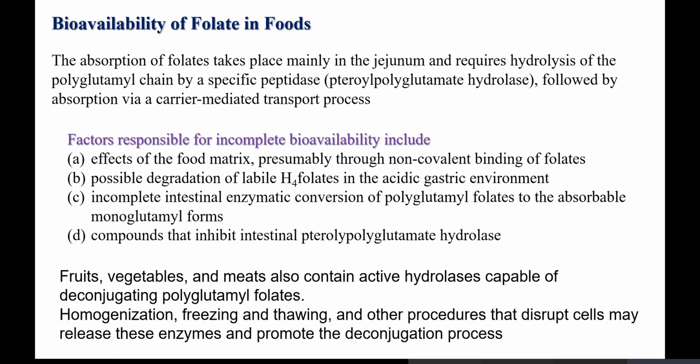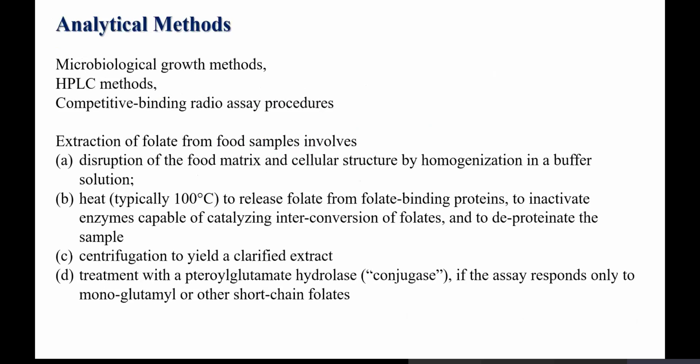Along with the vitamin, there are also enzymes that are capable of deconjugating these polyglutamyl folates. Processing methods such as homogenization, freezing, thawing, and other procedures that disturb the cells may release this enzyme and promote the deconjugation process. So how do we analyze these folate vitamins?